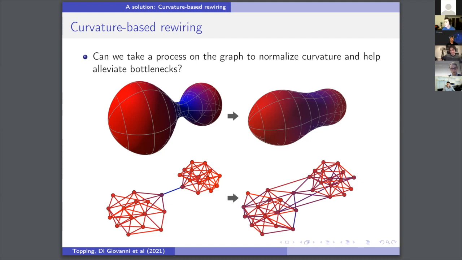Now, what are the other kinds of solutions that we can look into there? And one of the great things about your paper is how to measure traffic. Like, how do you measure which edges are the bottlenecks, that means that cars get stuck there, or that information gets stuck there.